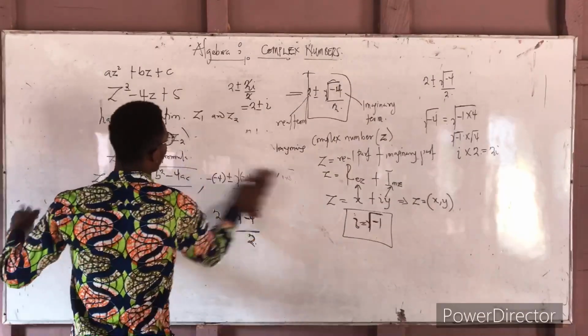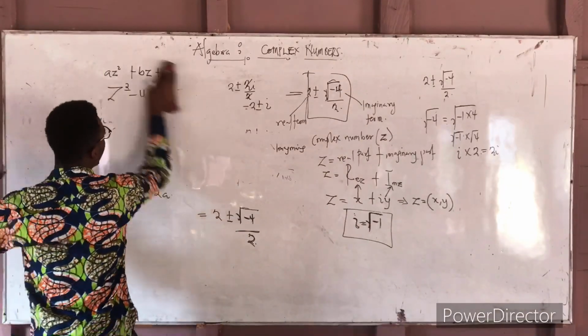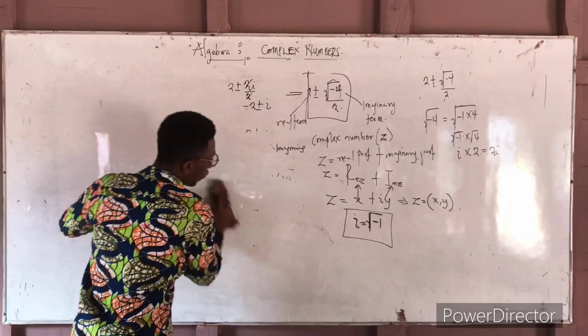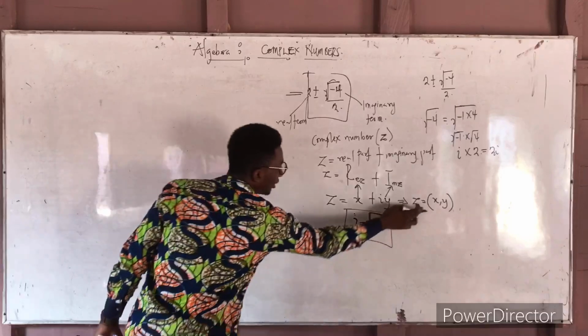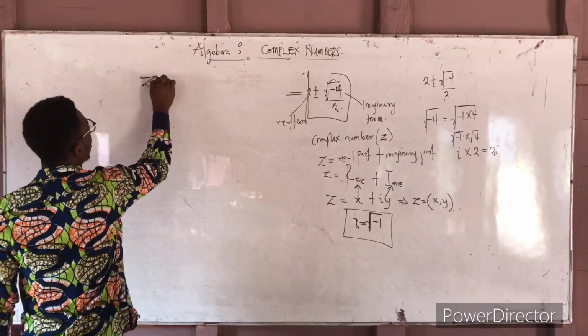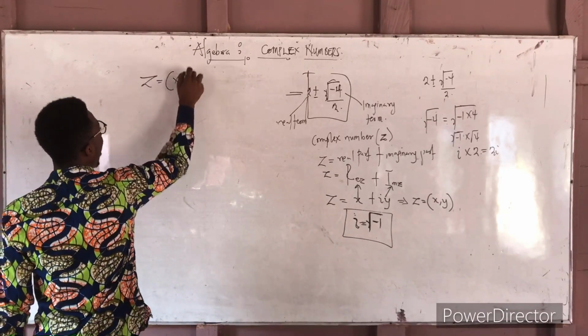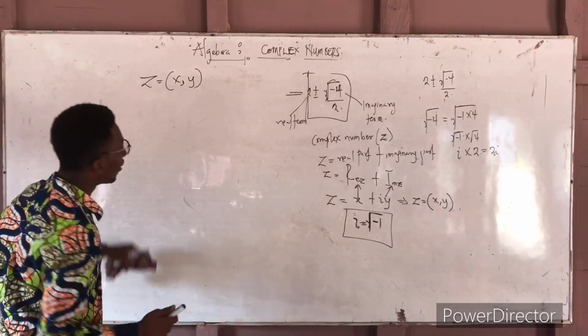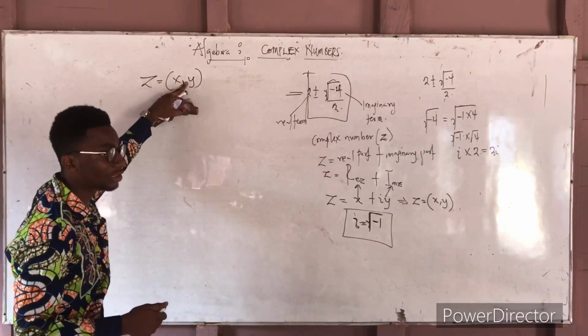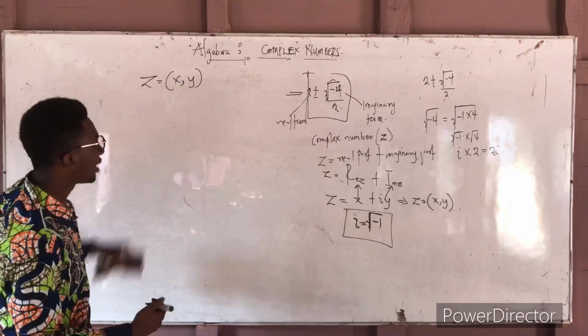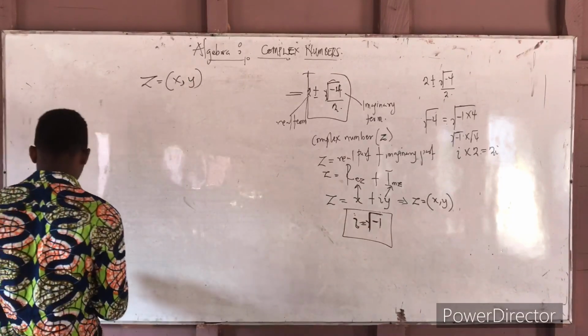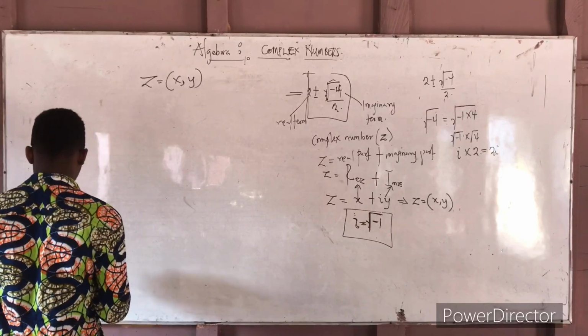Let's look at something else that is also very important. When you consider the compacted form, z equal to (x, y), in writing the compacted form you don't bring in the i part of the imaginary part.